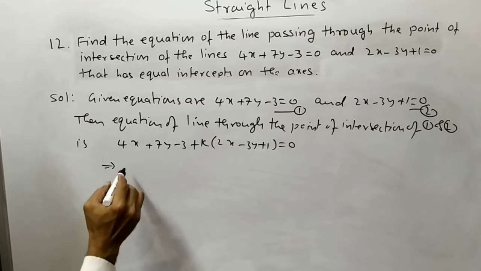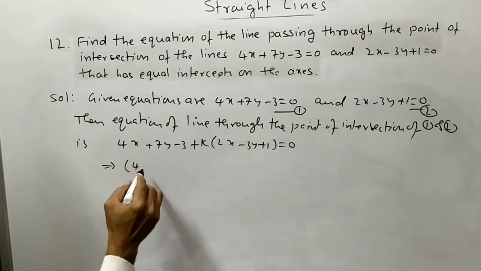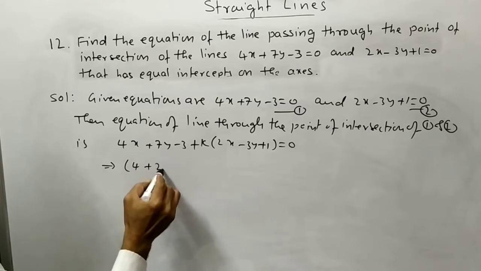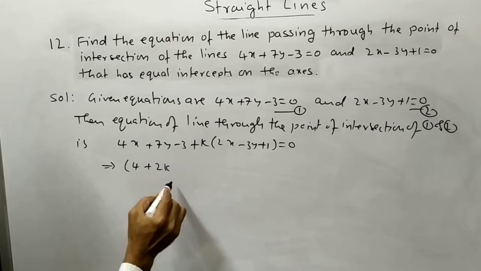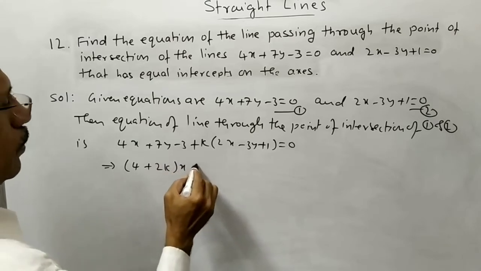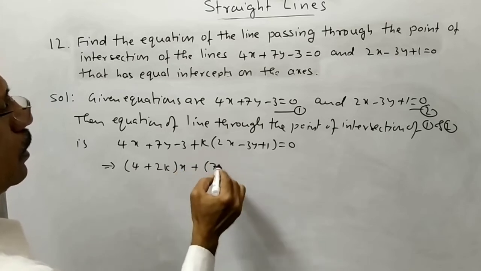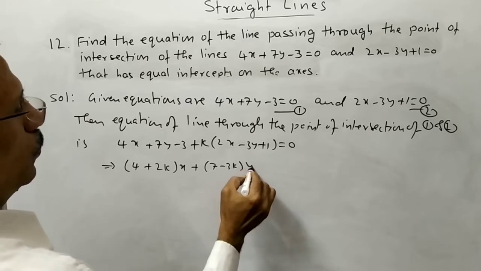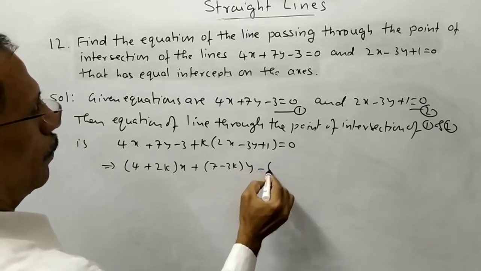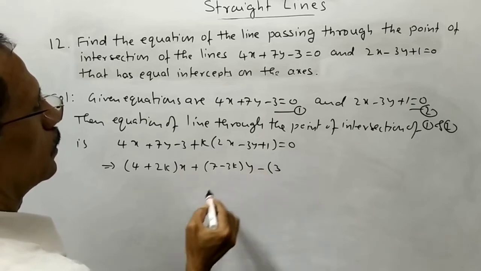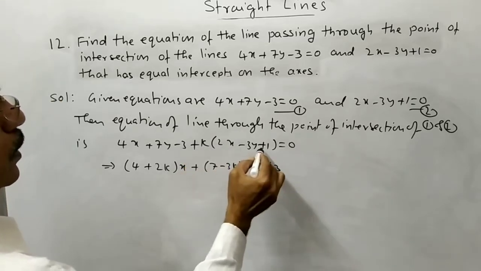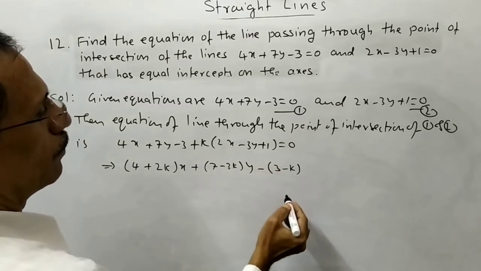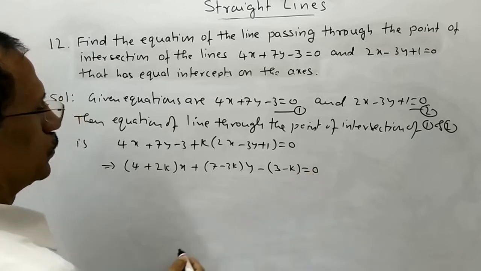This implies 4 plus 2k into x plus 7 minus 3k into y minus 3, here you will get a k minus k is equal to 0.